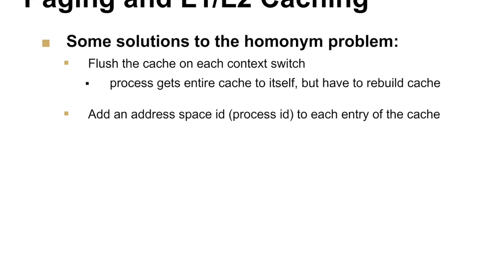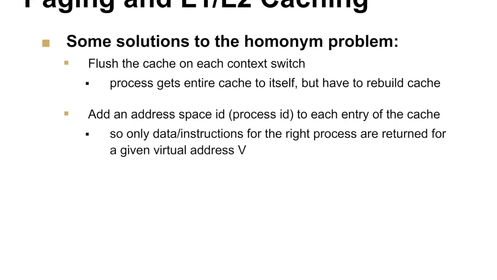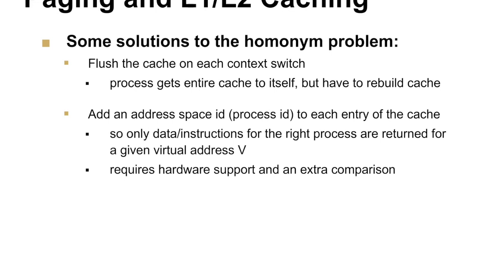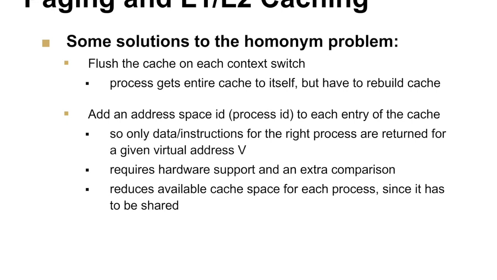And so we would then know that this new process with the new ID with the same address would actually be two different entries. Now, that's great, except it requires more hardware support and extra bits and extra comparisons. So it really adds a whole bunch of extra things, and our caches are already small. This would make them even smaller on the amount of data that they could hold.